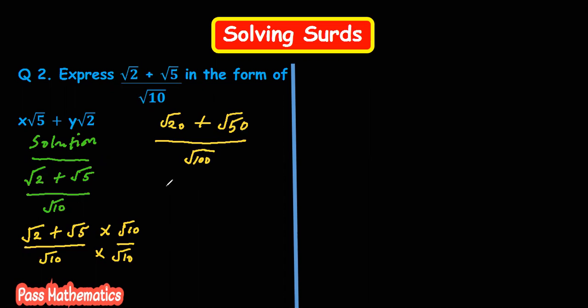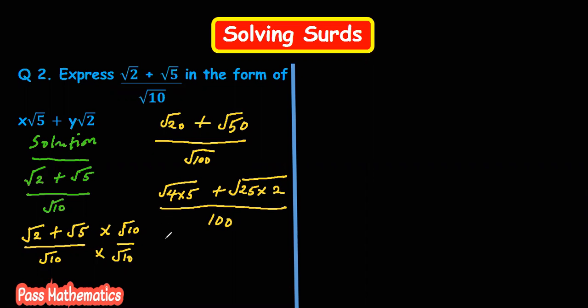The factors of root 20 will be root 4 times 5, plus the factors of root 50 will be root 25 times 2. Yes, this is 25, not 26. Root 100 is just 10, so we don't need to waste time there.